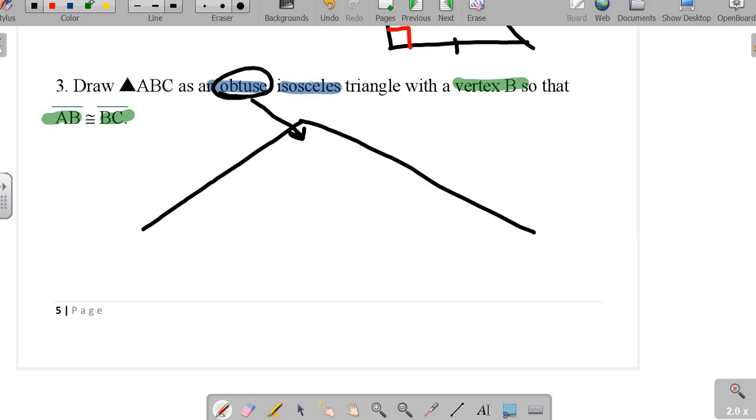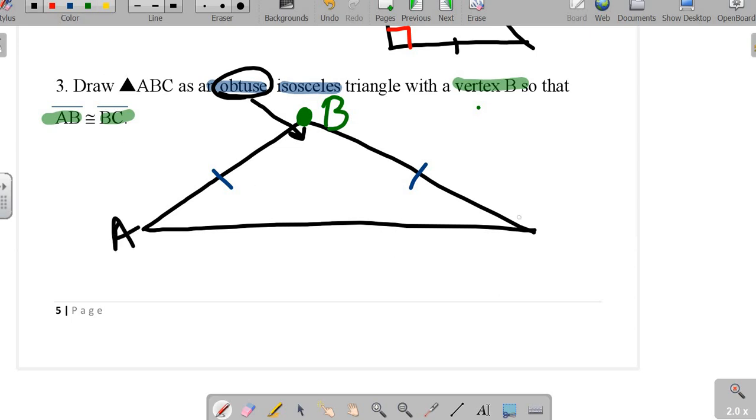The fact that it's isosceles means two equal sides. Now we're told vertex B. The vertex in isosceles is the hinge between the congruent sides. So B must be here, and A and C, so that side length AB is congruent to BC. We have all those components in this diagram.